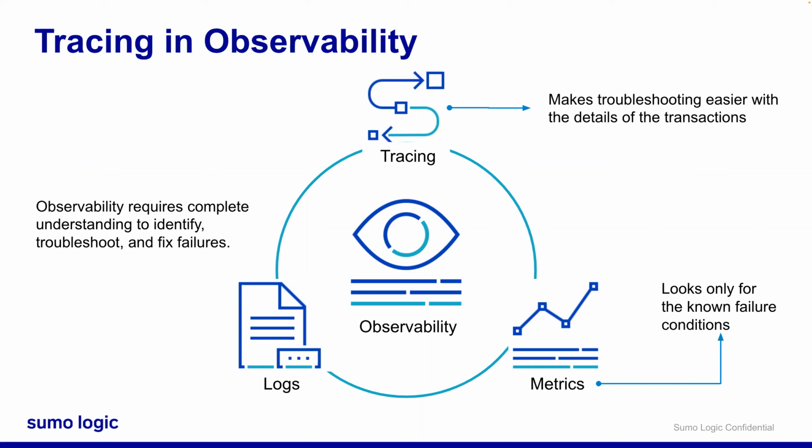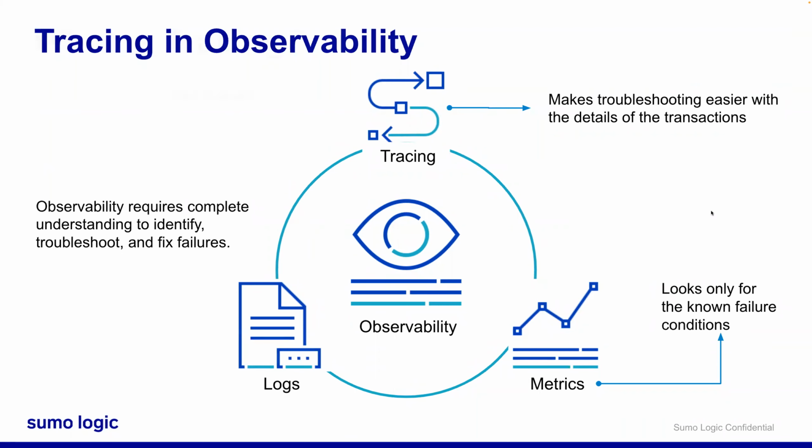Troubleshooting problems in real time in distributed, dynamic cloud and microservices environments is very difficult. But with transaction traces, it's going to be a lot easier because we're going to be able to see the details about what exactly is happening and how it impacts our users.